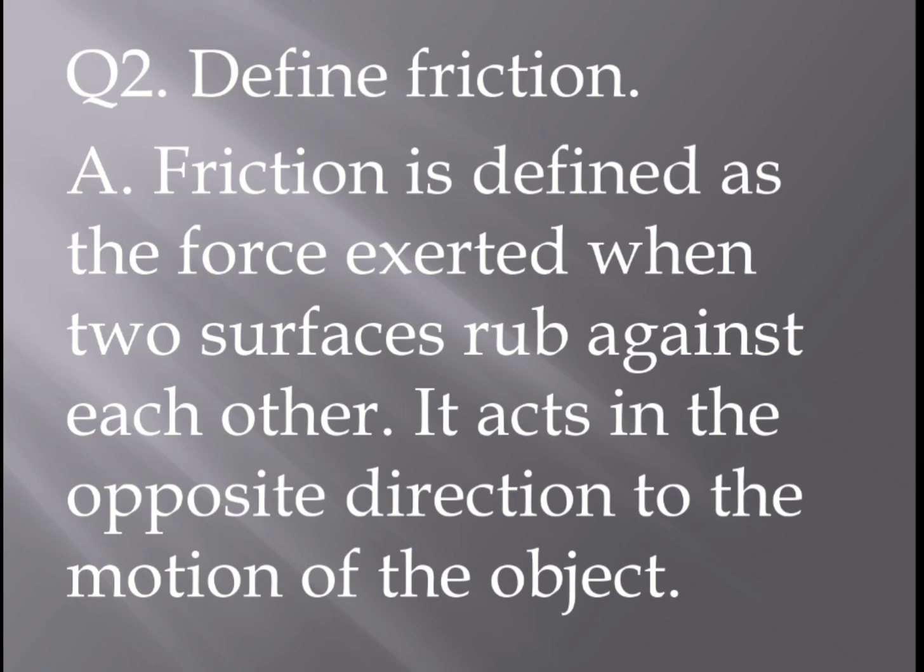That means they are in contact with each other. It acts in the opposite direction to the motion of the object. Okay, when two surfaces are in contact, this force acts in the opposite direction to the motion of the object, that you have to learn and understand also. Okay, so write these two answers in your classwork, and please learn it, children.